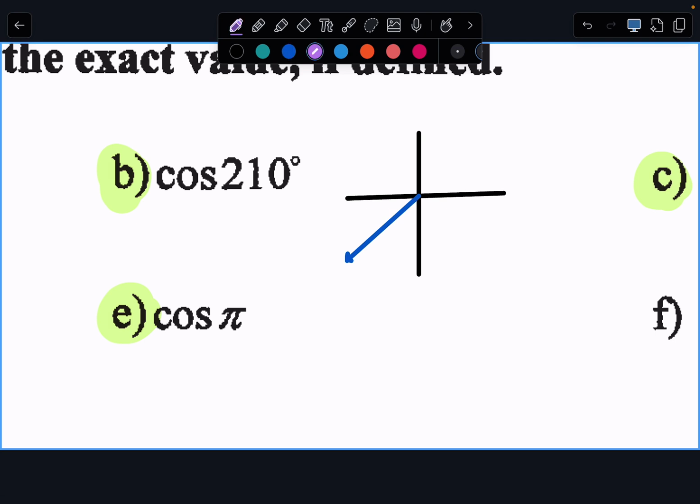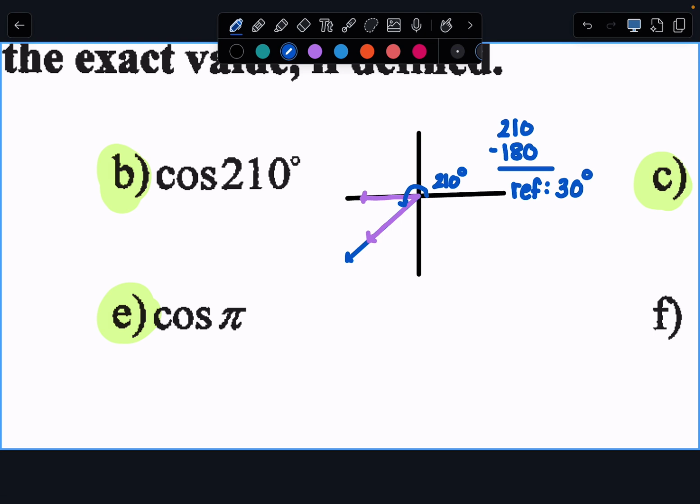So we need to figure out what that is. And we know that that blue is 210. Okay, so how do we figure out what that is? 210 minus 180. So what's our reference angle? 30. Right? Okay.